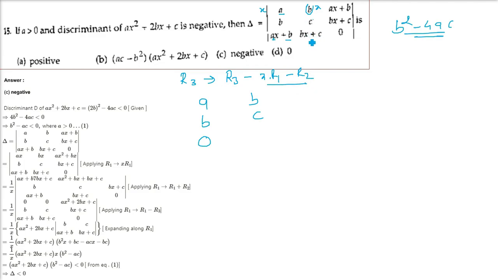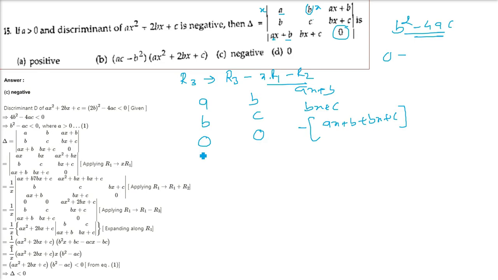So this second one also like this only, bx plus c minus bx minus c. And since we have a 0 here, the last two elements of the last column will come as negative, because it will be 0 minus ax plus b minus bx plus c. So I'm just writing like this, minus ax plus b, minus bx plus c.